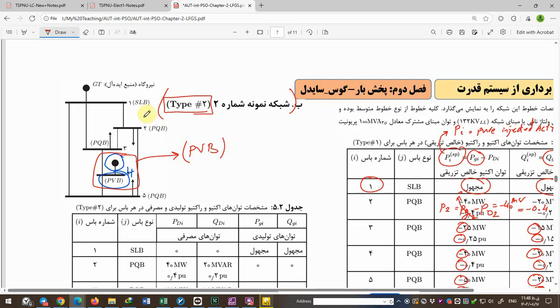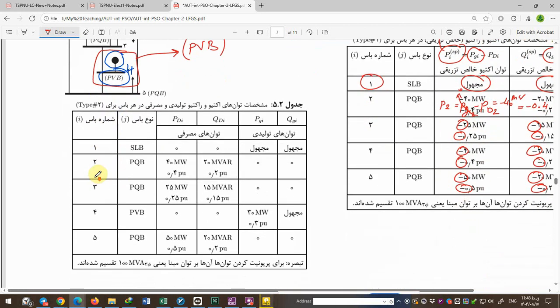Okay, the other parts of the network remain as before, and in bus number 4 the demand is 0, but the generation is here.